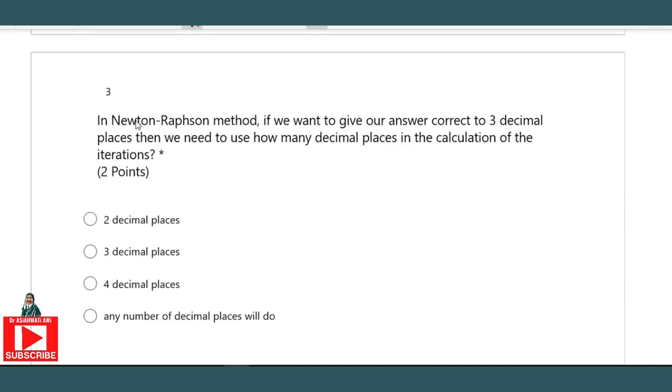Number 3, in numerical method, if we want to give our answer correct to 3 decimal places, then we need to use how many decimal places in the calculation of the iterations? So in calculation, we need to give an extra 1 decimal, means 4 decimal places. That is number 3.